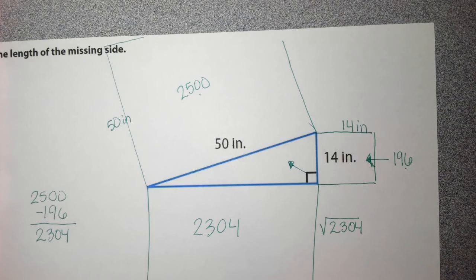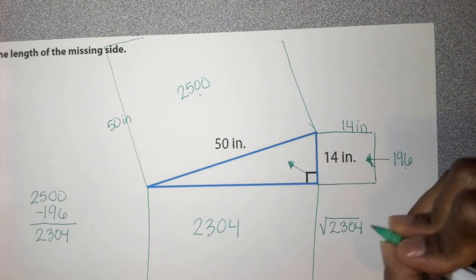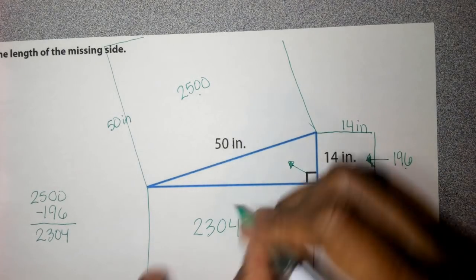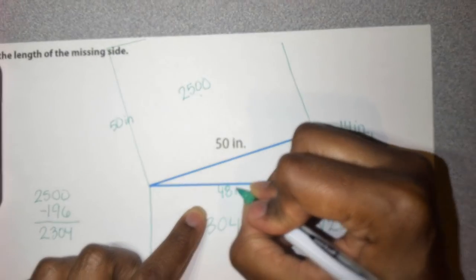Let me grab my calculator. 2304. Sorry about that, I didn't have that one ready. So my square root of 2,304 is 48. So that means that the missing side that I did not know was 48 inches long.